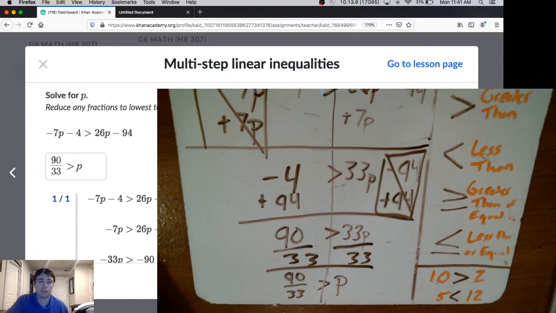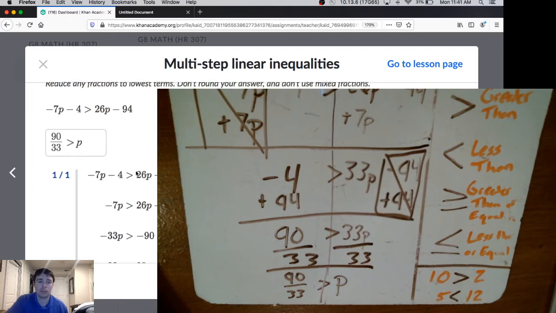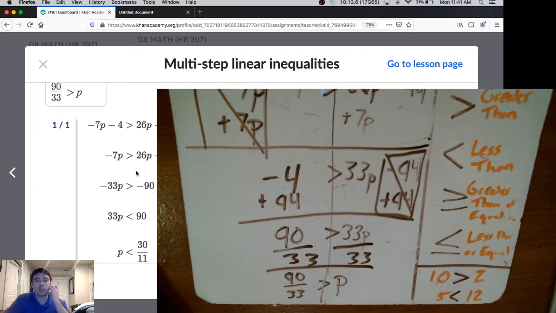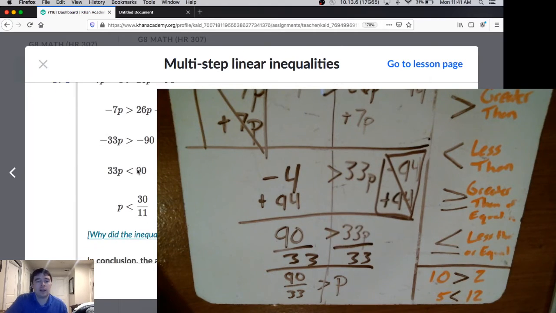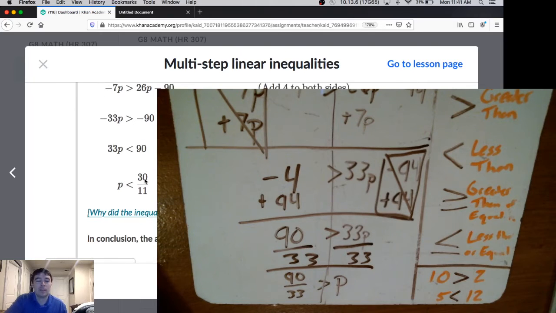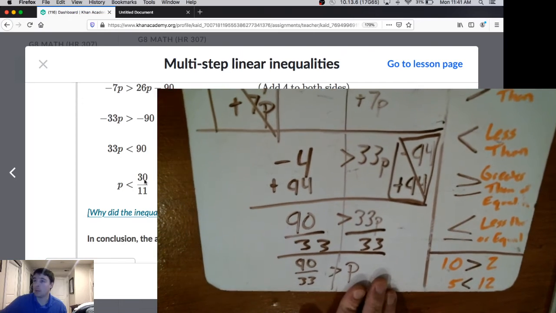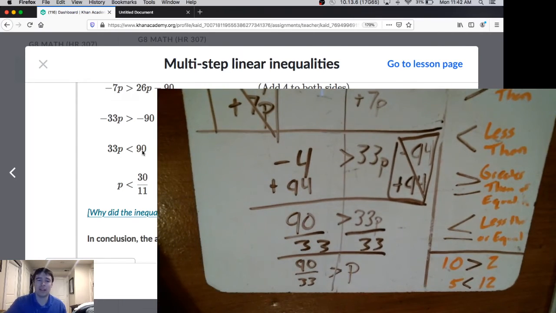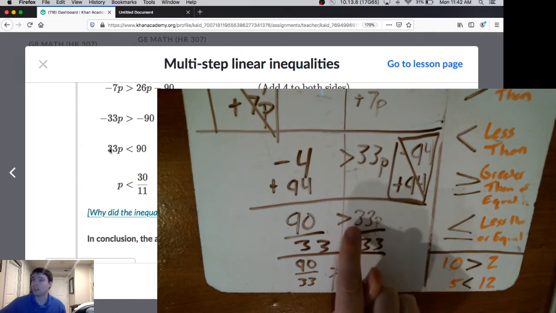I thought the answer was 90 over 33 is greater than p. I look through their work, and I see they had 90 divided by 33, but then they simplified to 30 over 11. So I'm going to look to my whiteboard, and they had 90 is greater than 33 times p, just like we had here.